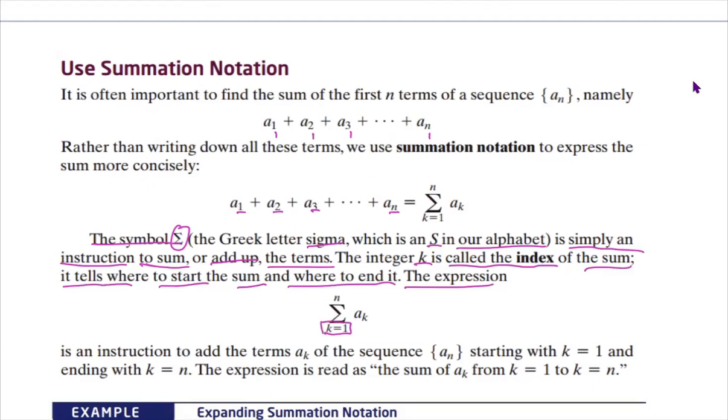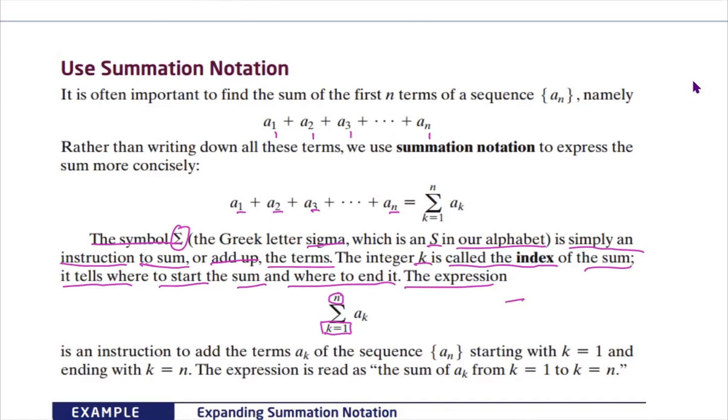It says start at k equals 1 and end at n. So every time you give k a value, it changes the term. So if k equals 1, that's the first term, plus the second term, when k equals 2, third term, when k equals 3, and so on.